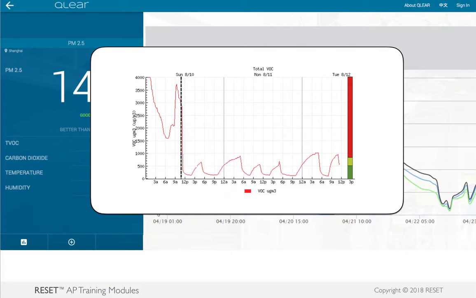So again, what's really important to note is that continuous monitoring gives us contextual information that we would otherwise not be aware of, so that we can be reactive to it and hopefully put in some measures to remediate and fix what could be going wrong.